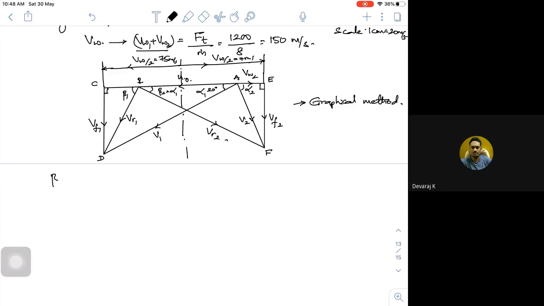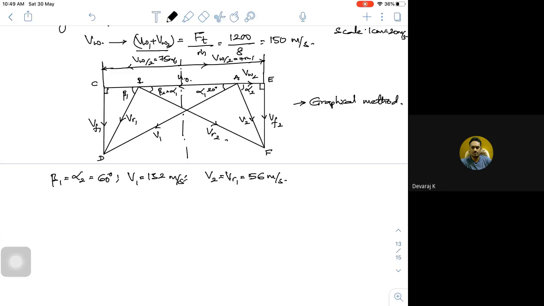Beta 1 is equal to your alpha 2, roughly around 59 or 60 degrees. Your V1 is around 132 meters per second. Your V2 is equal to VR1, which is around 55 to 56 meters per second. You have to get these numbers.